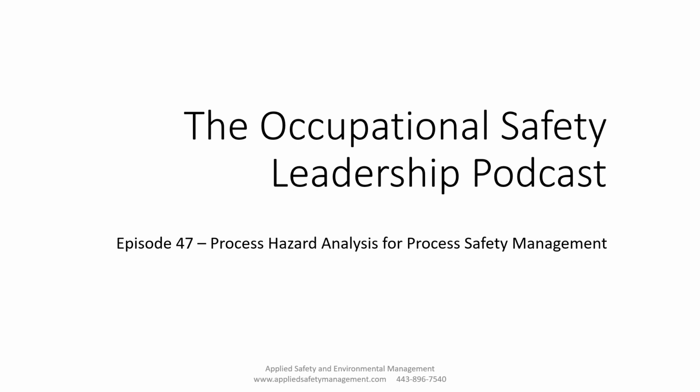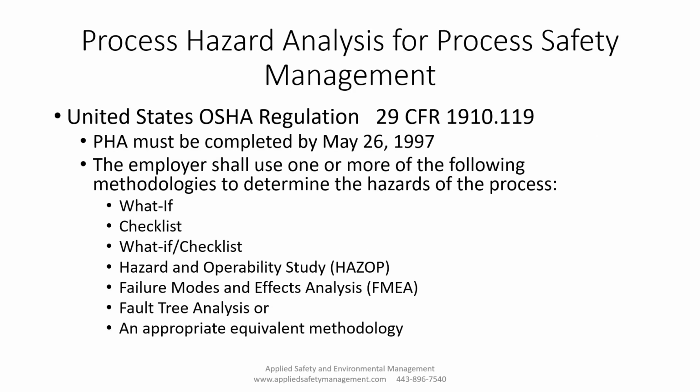In today's episode, we'll sit down and look at what we're going to do to look at the hazards of our system. So this is part of the whole process safety management standard that's out there, found at 29 CFR 1910.119.